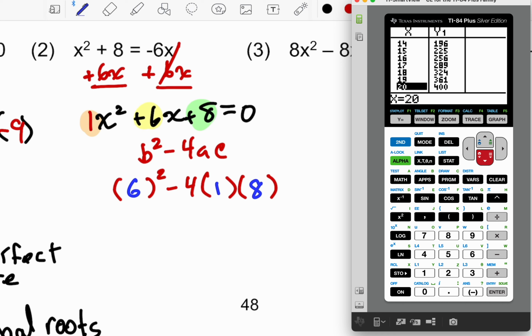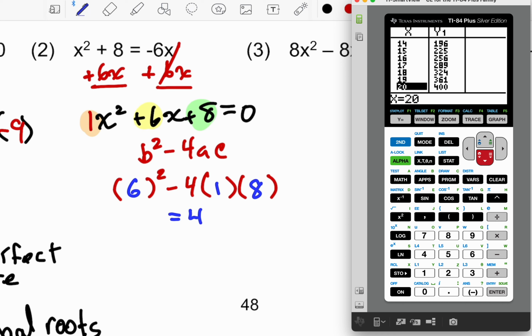All right. This one, maybe you do it in your head because it's not that bad. So I'm looking at 36 minus 32, 4 times 1 times 8 with the minus sign. That's going to give you a result of 4. But you can chuck it into the calculator too. You shouldn't need to go to a table of values in order to determine that 4 is a perfect square.